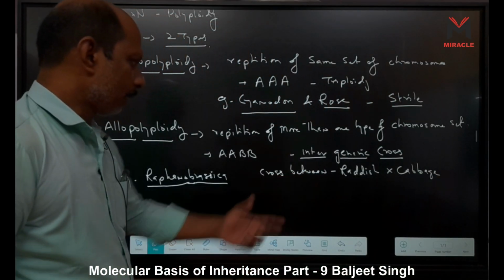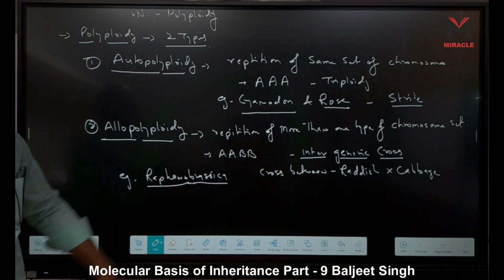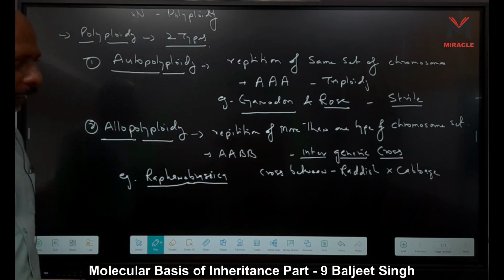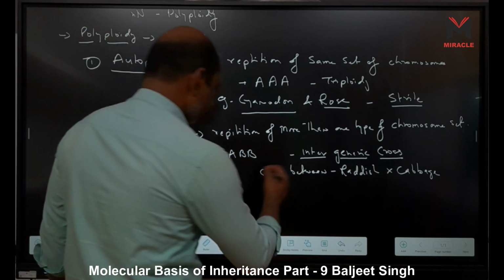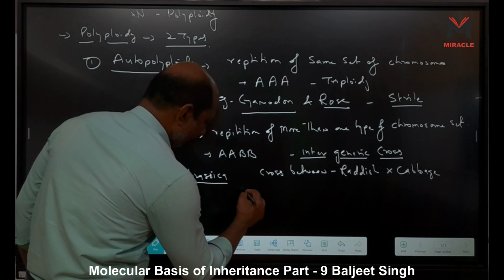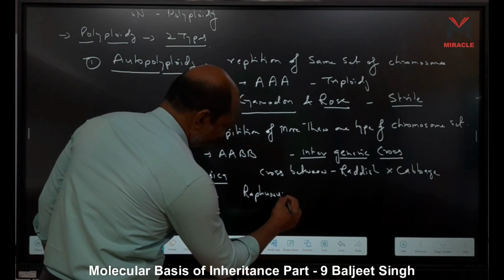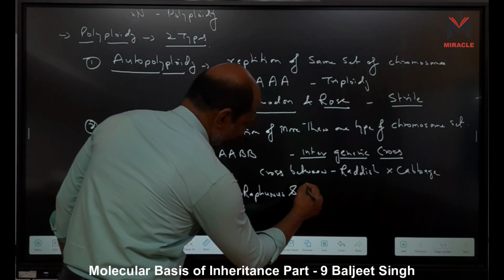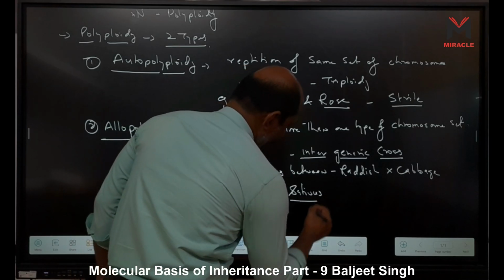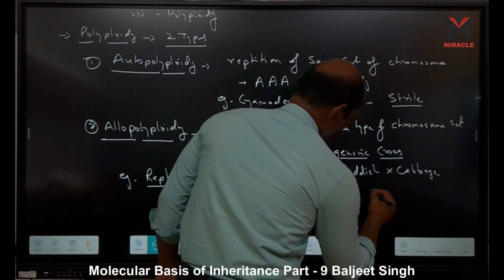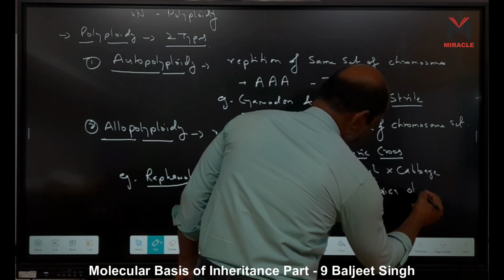The radish name is Raphanus sativus, and cabbage's scientific name is Brassica oleracea. This scientific name we should underline, cross with Brassica oleracea.